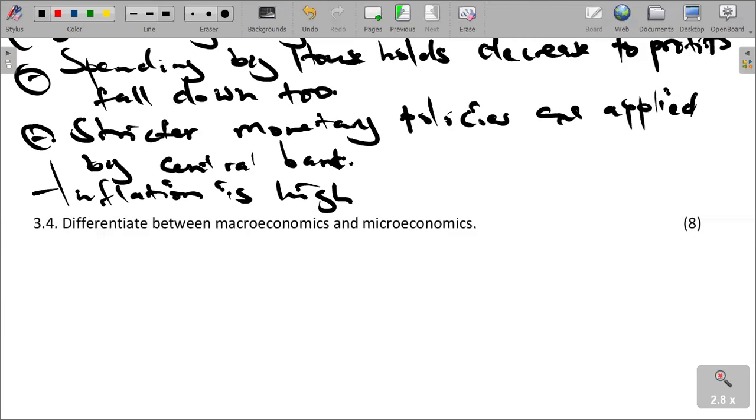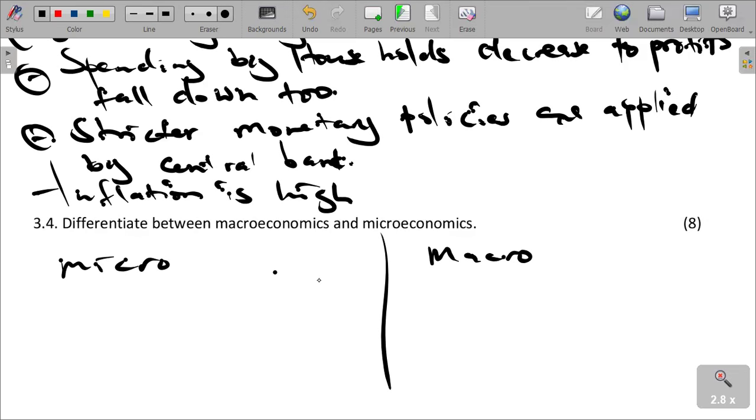We can say macro and microeconomics. In terms of microeconomics, micro means at a small scale.